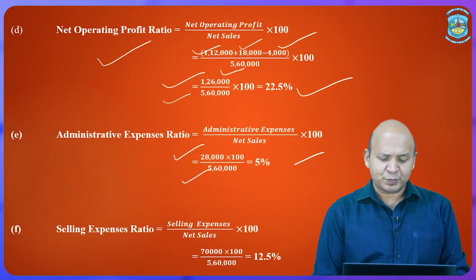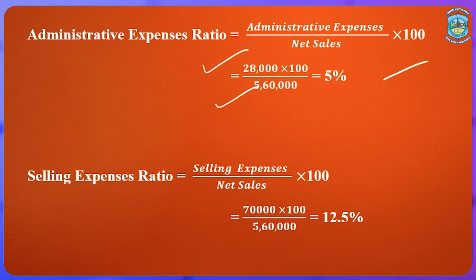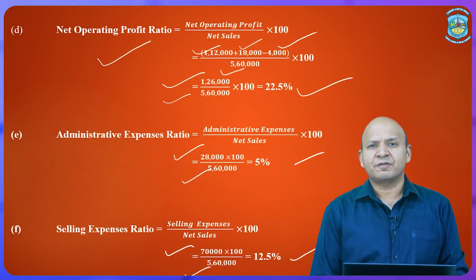Formula: selling expenses divided by net sales multiplied by 100. The amount of selling expenses was 70,000, net sales 5,60,000. So, 70,000 divided by 5,60,000, selling expense ratio is coming at 12.5%.